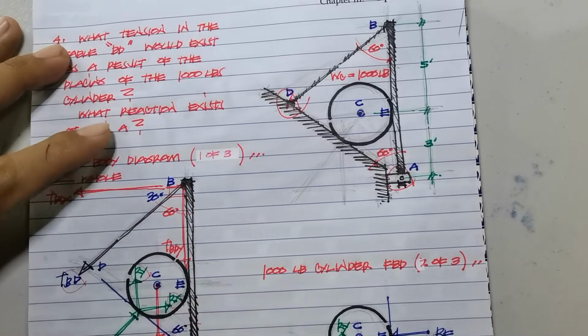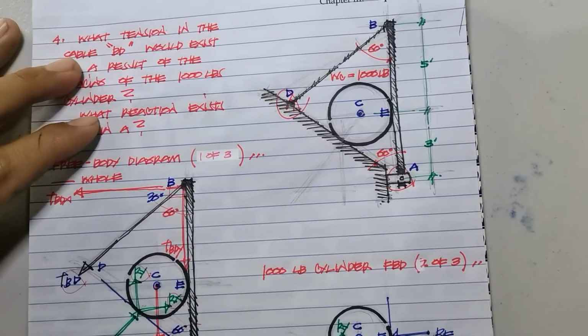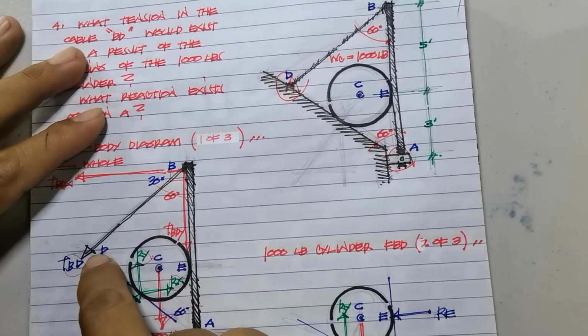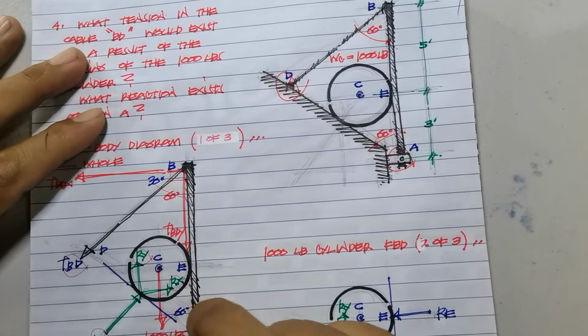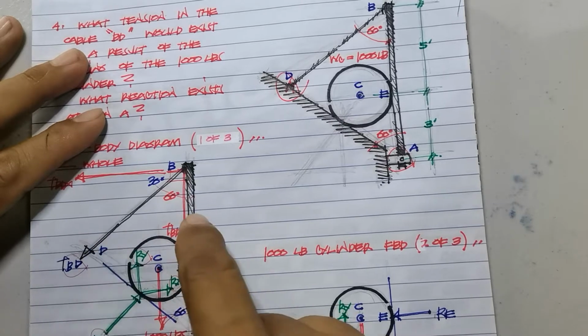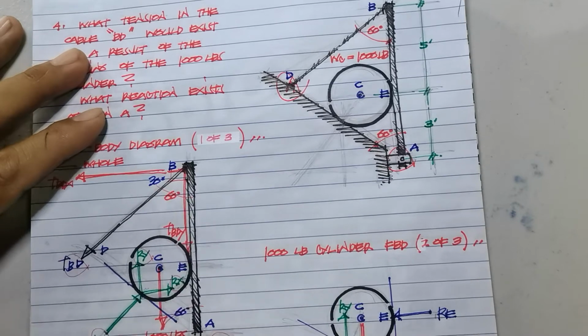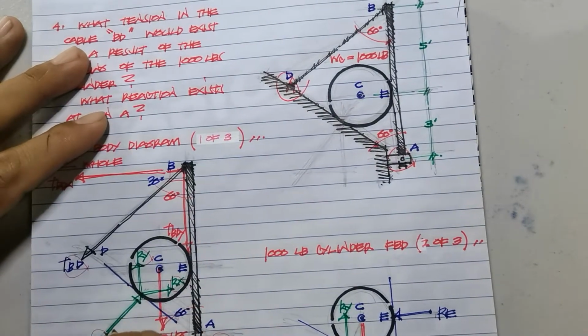So, 60 here, 60 here, most probably 60 here as well. Technically, the right triangle we can observe here is a 30 by 60 triangle.